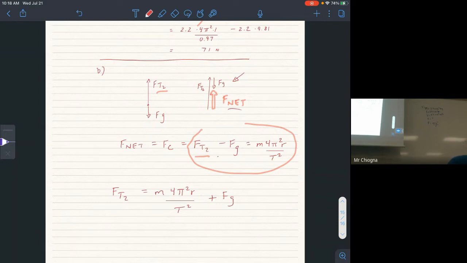Subtracted on the left, now it's added on the right. I'm going to erase it, save myself a little extra step, just put mg. Plug in as you did before.